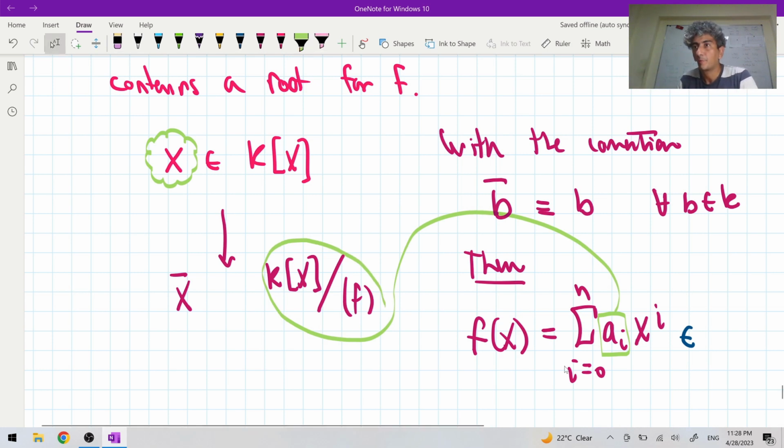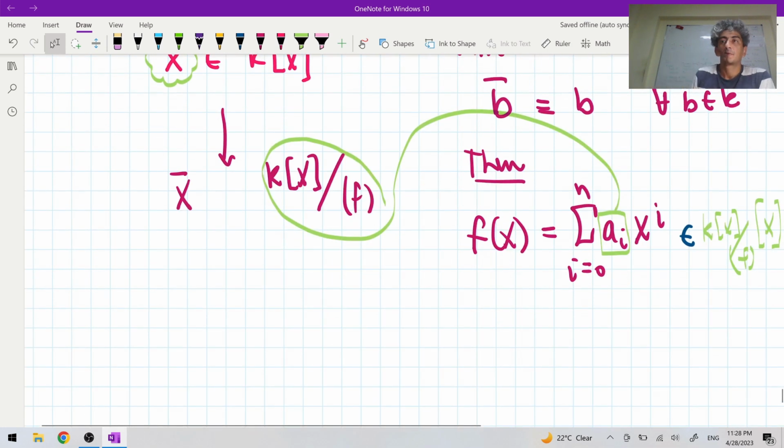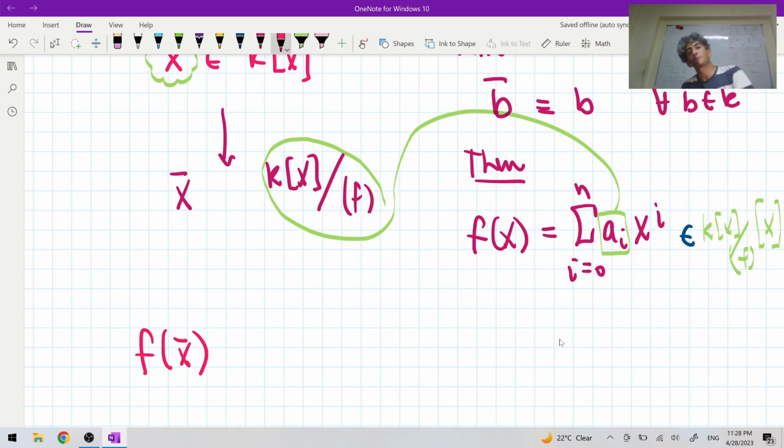So we have this field, and then what happens when you evaluate the polynomial at the element x bar?